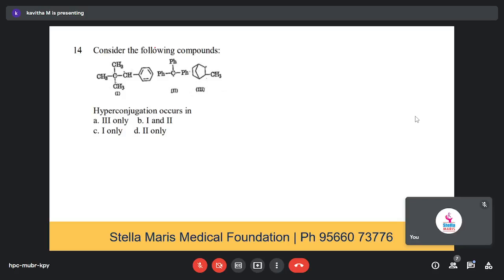So what is meant by hyperconjugation? The presence of a number of methyl groups, the CH bond... What is the hyperconjugative effect?